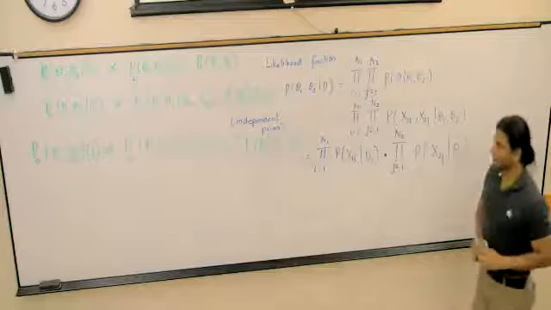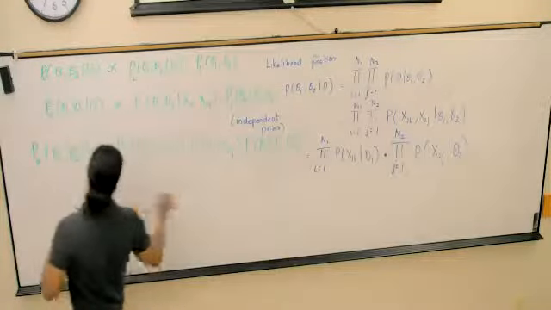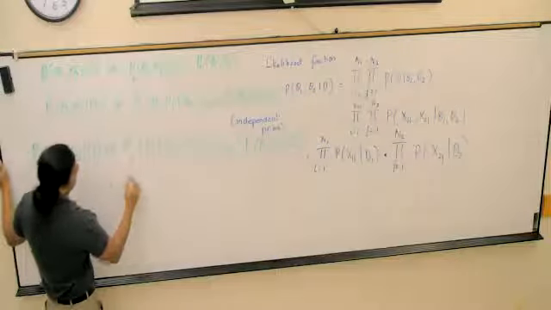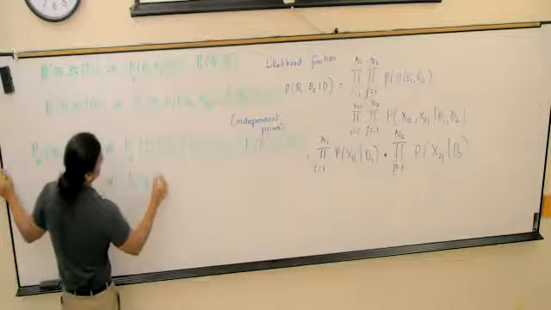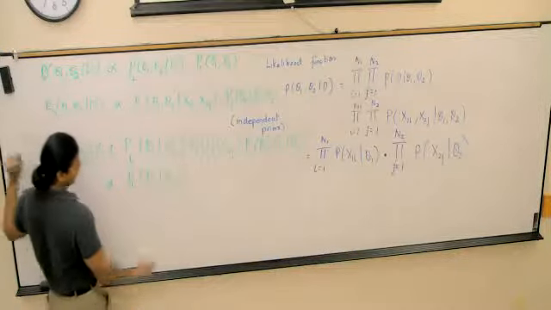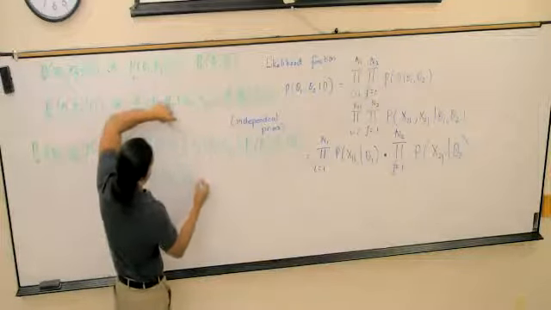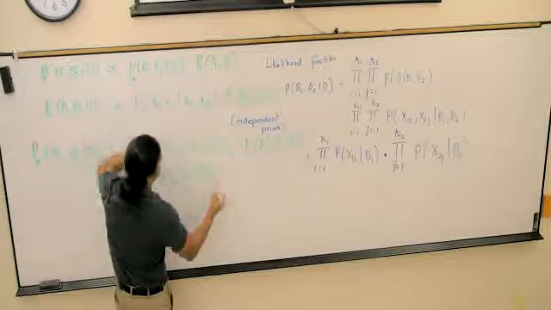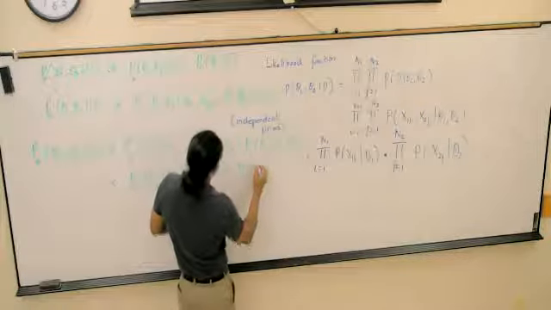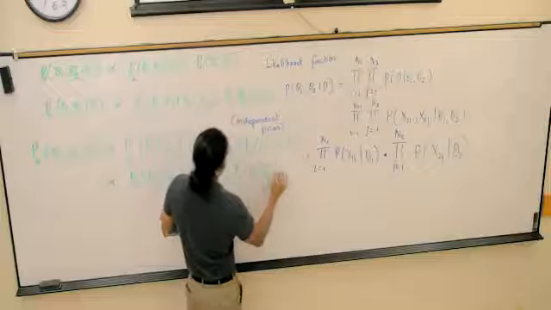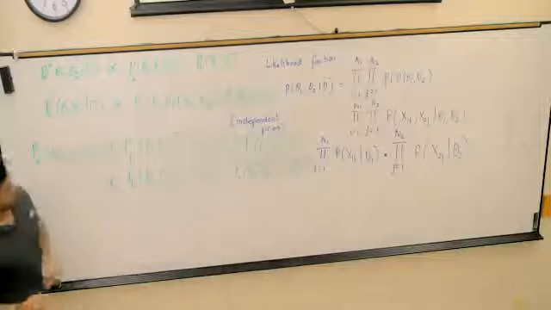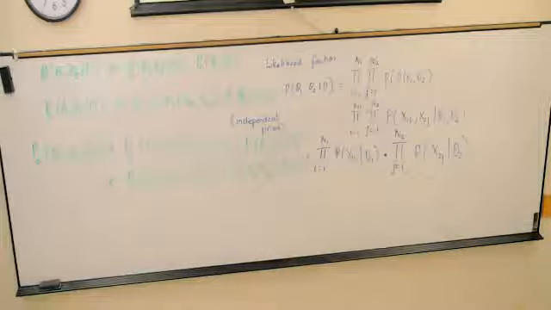Now I can move things around: the likelihood of theta 1 given the data simulated from theta 1 multiplied by the prior of theta 1, and the likelihood of theta 2 multiplied by the prior of theta 2. Good?